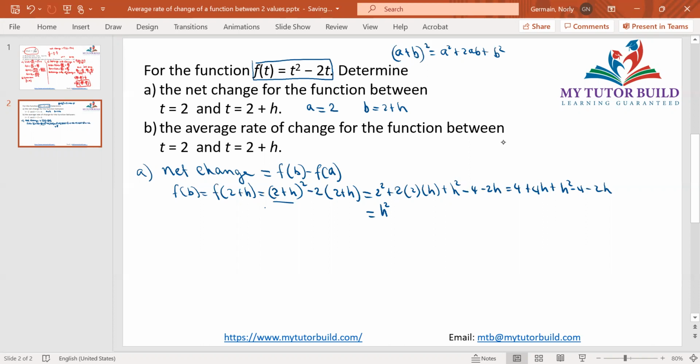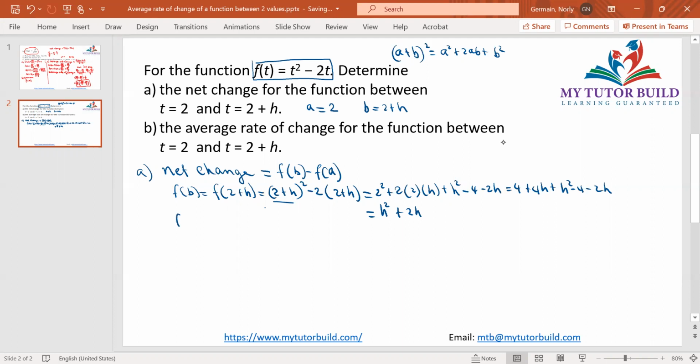So we're going to have h squared. 4 minus 4 is gone. 4h minus 2h, we have 2h left. This is for f of b.